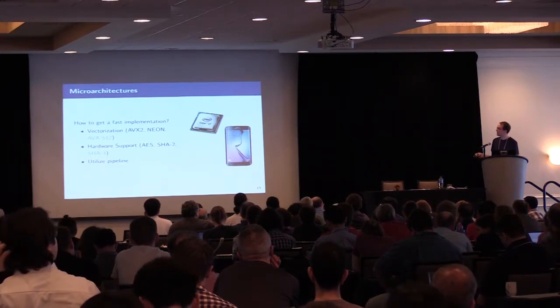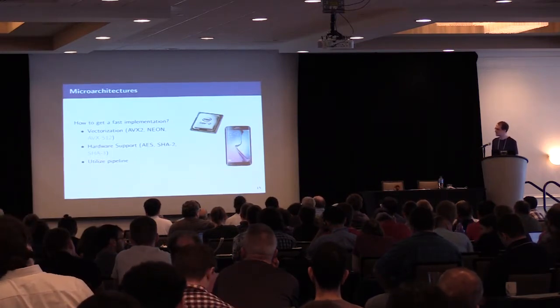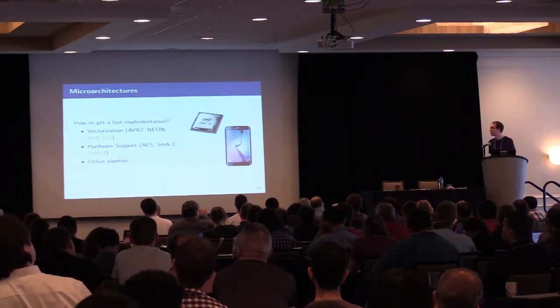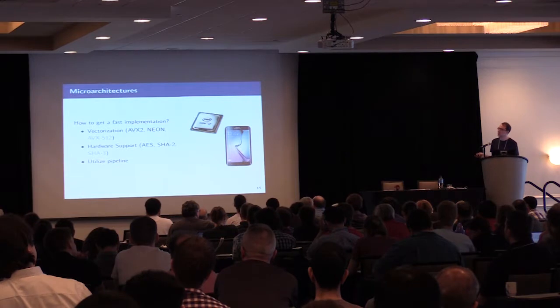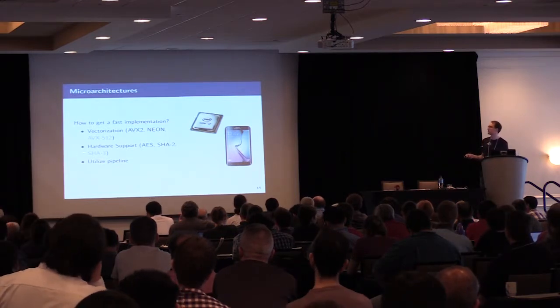Then you also have hardware support. As I mentioned already, for AES, you have hardware support, so you can directly do one AES round with one instruction. But also for SHA-2, you have hardware support. And in the future, SHA-3.